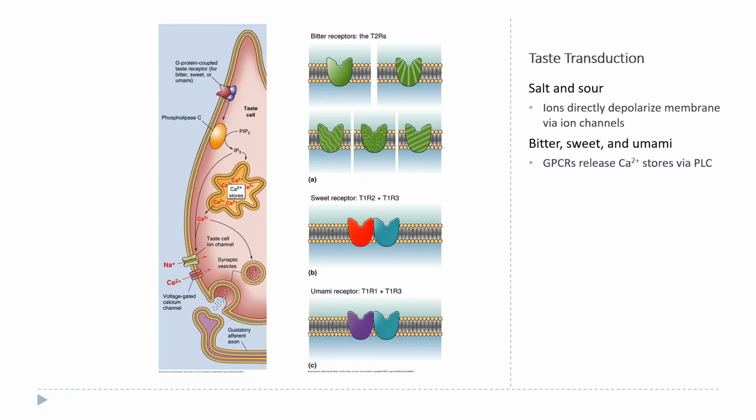The G protein activates an enzyme called phospholipase C. Phospholipase C converts a lipid molecule called phosphatidylinositol bisphosphate, PIP2, into another molecule called IP3, or inositol triphosphate. And that has the effect of triggering the release of intracellular calcium stores.